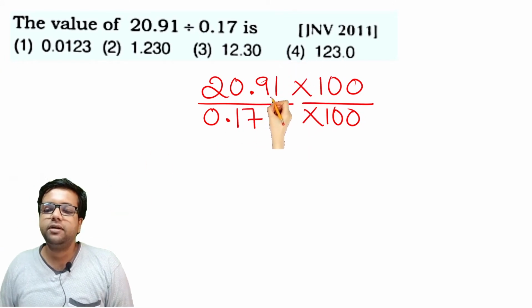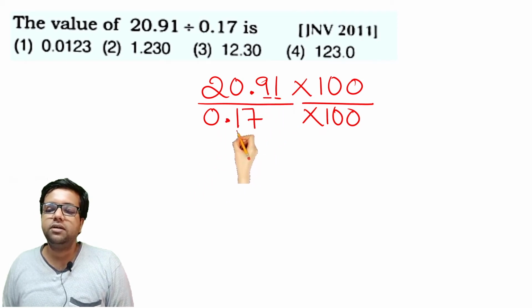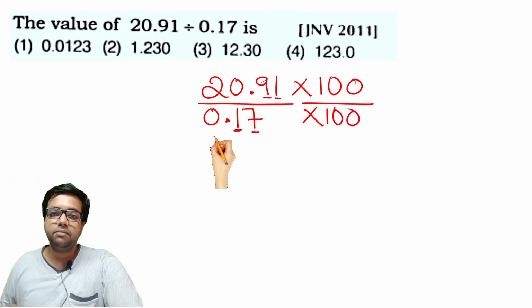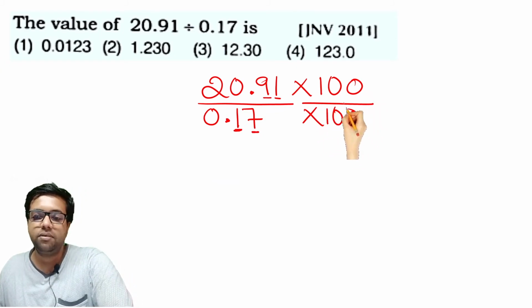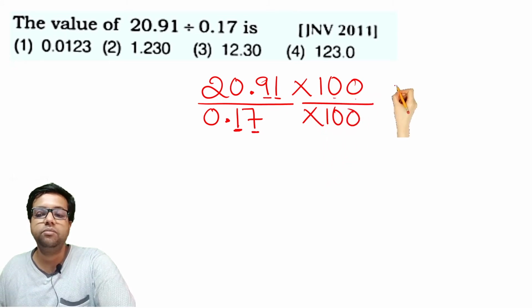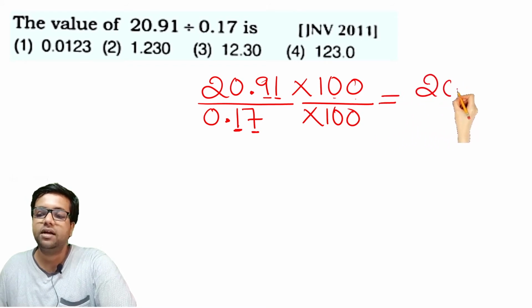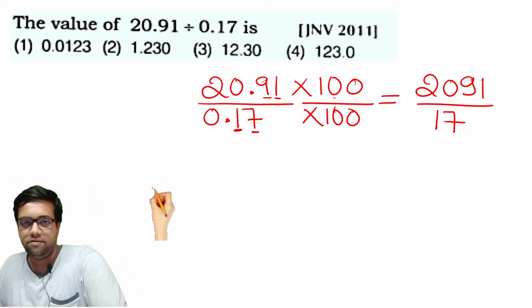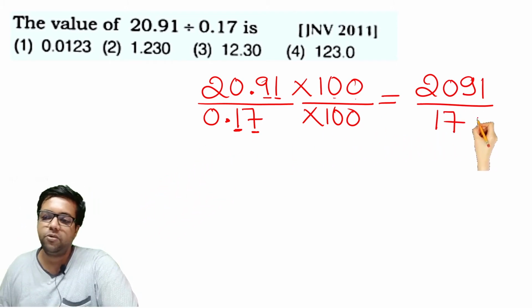This 20.91 has 2 digits after the decimal point. In the denominator also, we have 2 digits after the decimal point. In order to make them whole numbers, we multiply by 2 zeros. That means we multiply 100 on numerator and denominator. After multiplying that, we can eliminate the decimal points on both sides.